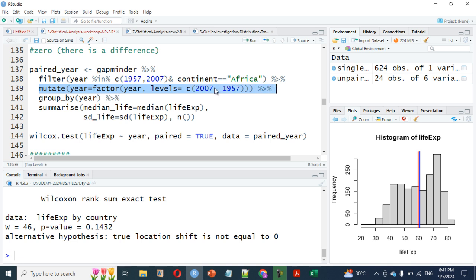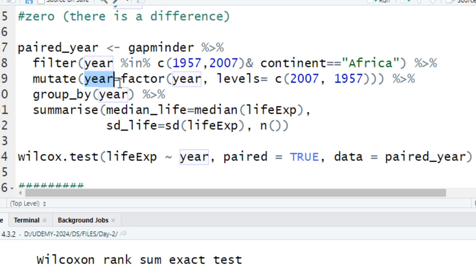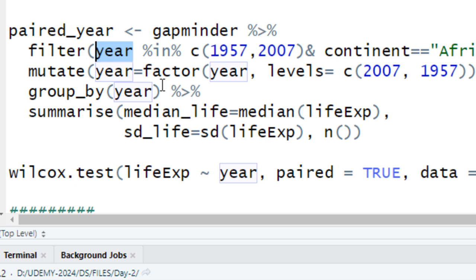We want to create a new variable called year, so we want to factor this year and make it two levels. We pass it in here as levels. You can use another name for this year if you like, but you still want to call it year. Because this year is one we pass here, to level 1957 to 2007, we just rearrange. There's no problem here.